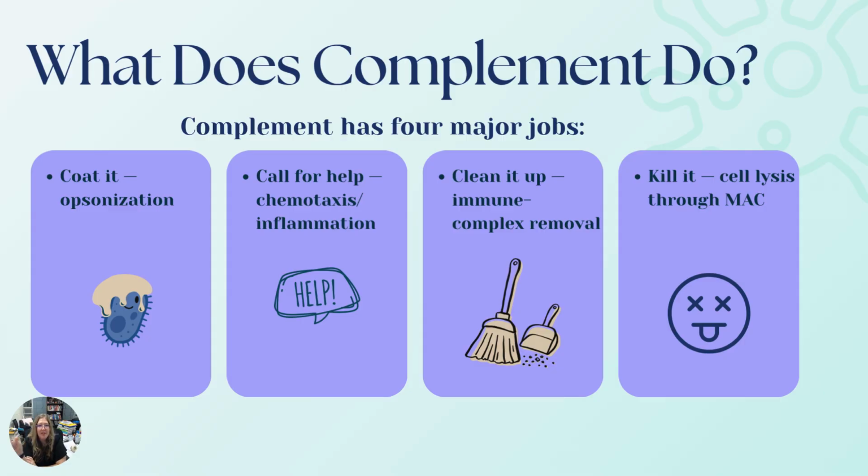So this is another slide I would recommend to memorize or to get to know well. Rather than memorizing a list, remember four phrases: code it, call it, clean it, kill it. Code it, call it, clean it, kill it. So code it.